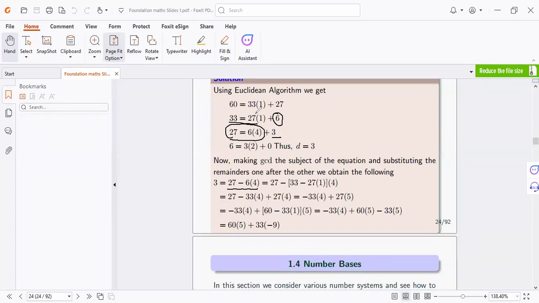It is equivalent, when I take this to the other side, to 3 minus 27 multiplied by 1. So this 27 I write here, then minus this minus. Instead of this 6, I write the equivalent, then times 4.